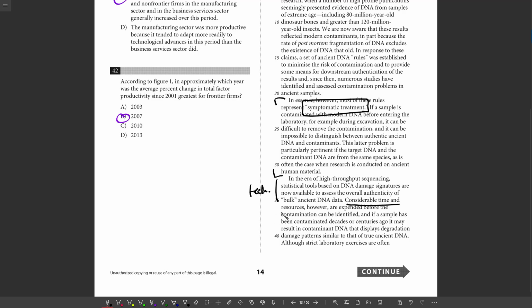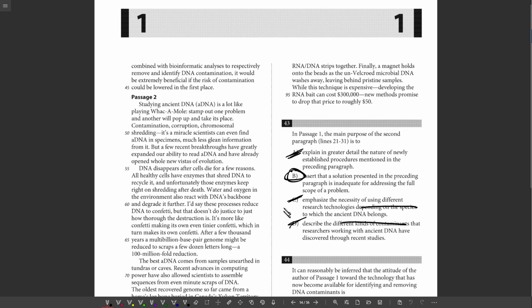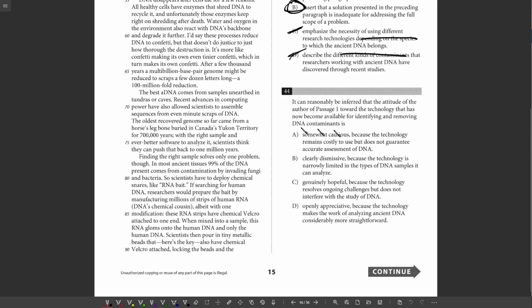Considerable time and resources, however, are expended before contamination can be identified. And if a sample has been contaminated decades or centuries ago, and so on. So the point is, it's expensive, it takes time and resources, and it doesn't work perfectly. It only works in certain cases. So it's fine, but it's not going to solve the problem.